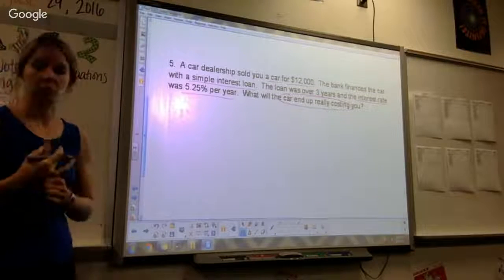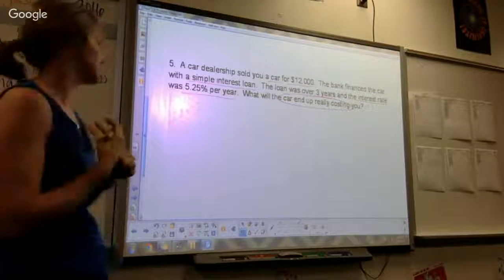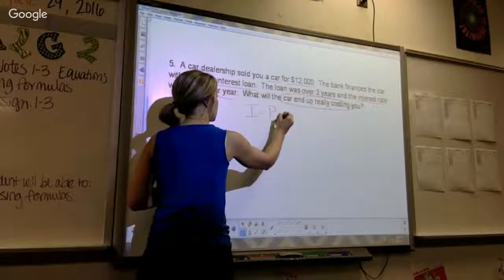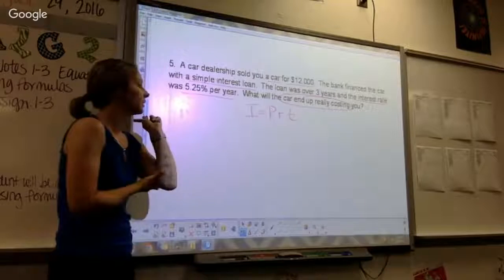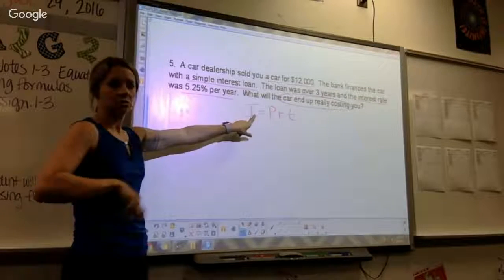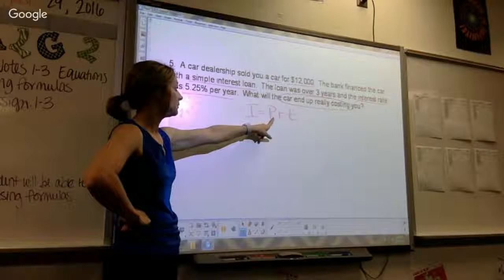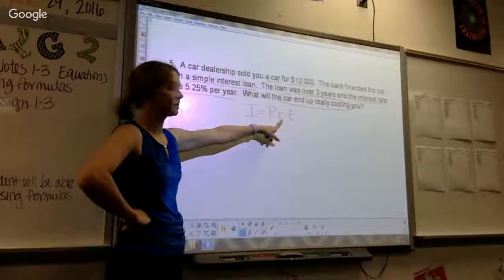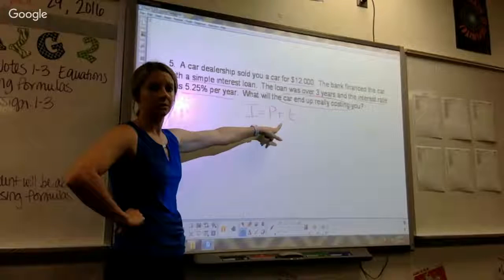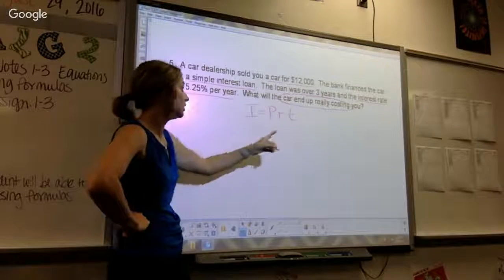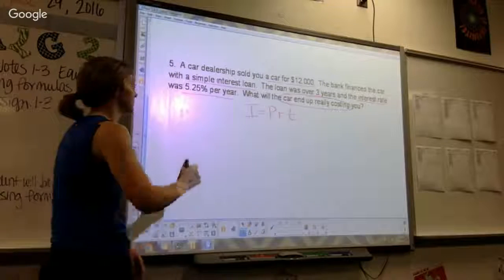So if you look at your formula chart, at the very bottom is the simple interest formula, which is I equals PRT. I represents the interest in dollars, and then your P represents your starting price, R represents your rate as a decimal, so you'll see it as a percent, you'll have to change that to a decimal, and then T represents your time.